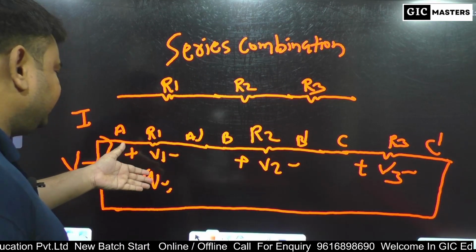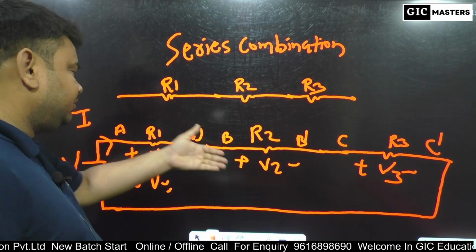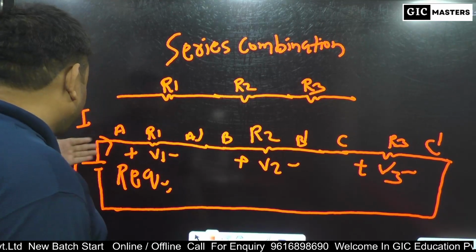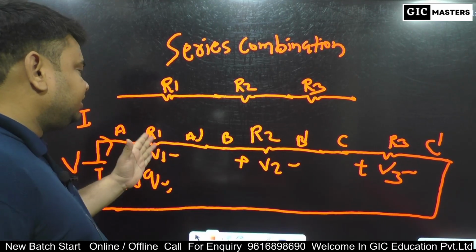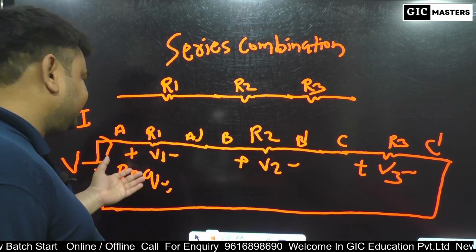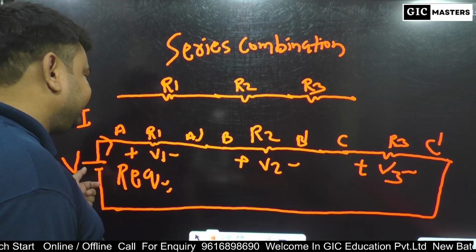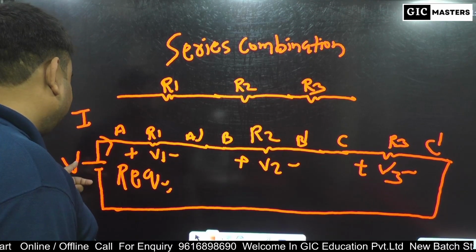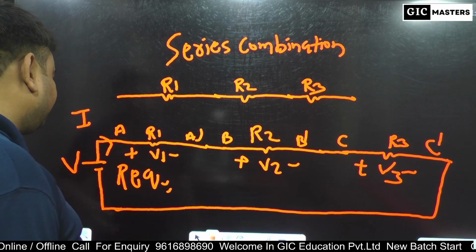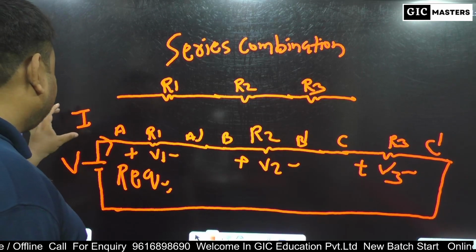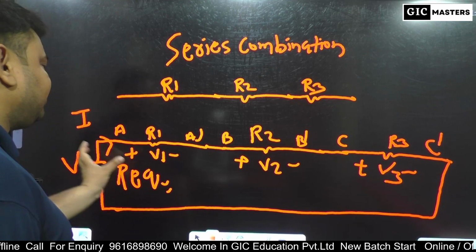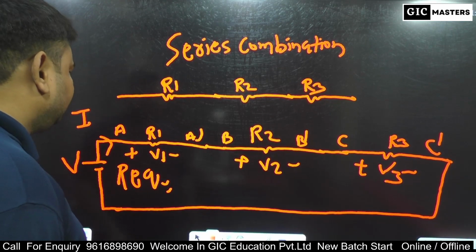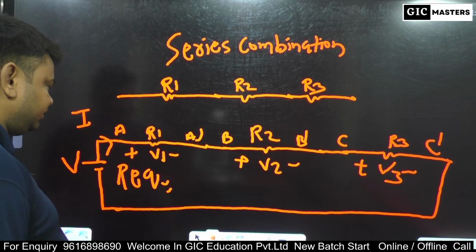These are the voltages across R1, R2, R3 when the resistors are connected in series and connected with a voltage source. Then current I starts to flow through these resistors.